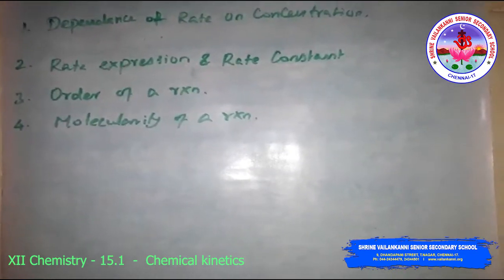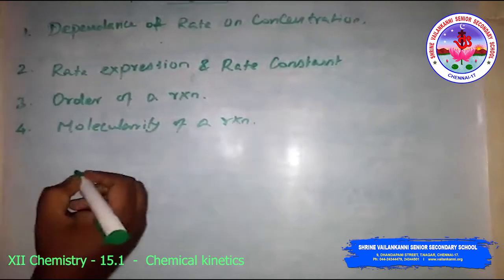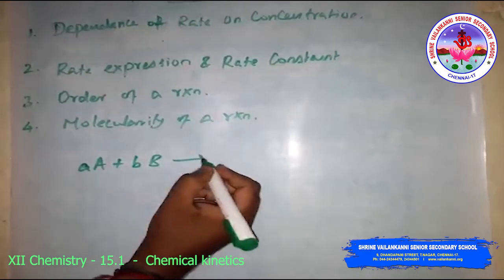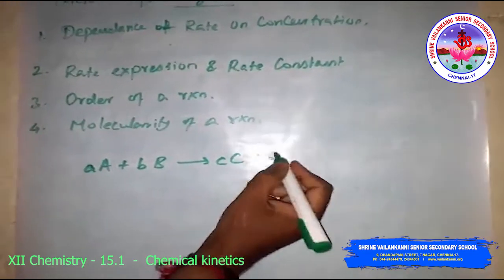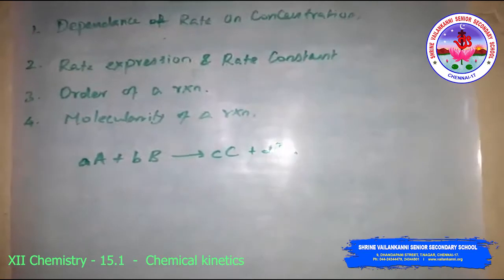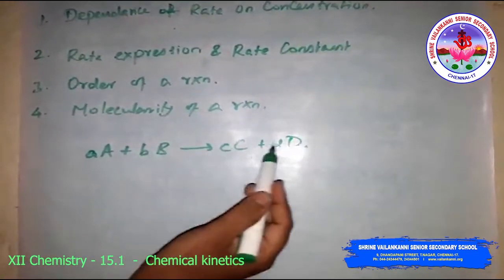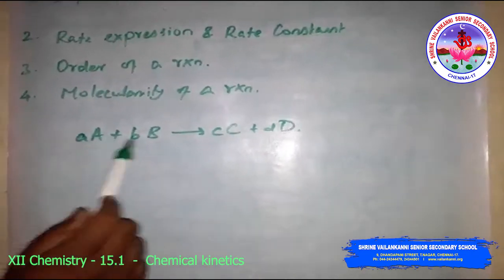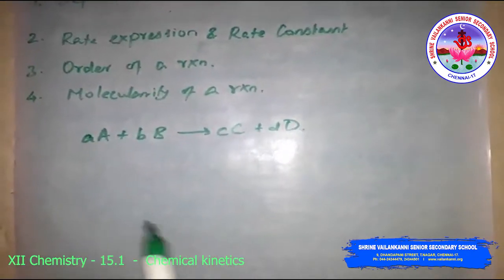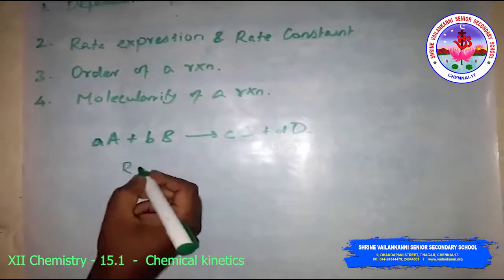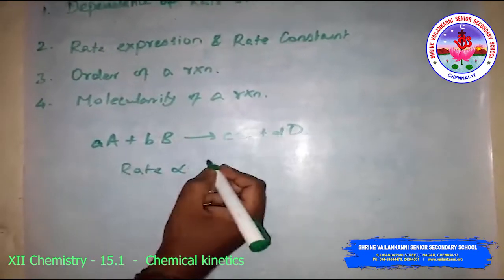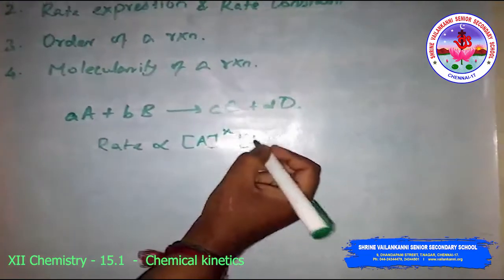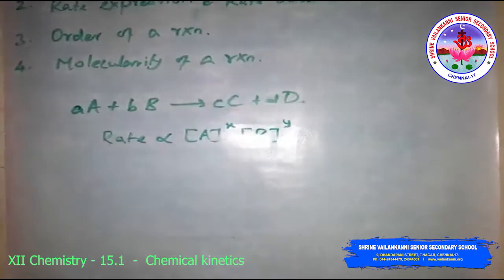So in a general reaction, aA plus bB gives cC plus dD. Here a, b, c, d are the stoichiometric coefficients of the reactants and the products. The rate expression for this reaction is: rate is directly proportional to concentration of A power x into concentration of B power y.